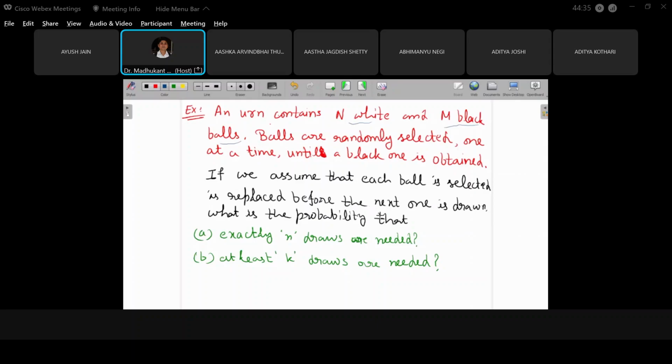So what is the probability that exactly n draws are needed? Certainly, until you draw a black ball, that is a success. So drawing a black ball, what will be the probability of success? Yes, the total number of balls is m plus n. Out of them, m are black balls. So it's very obvious to see here the probability of success is p equals m divided by m plus n, the total number of favorable cases divided by the total number of exhaustive cases.